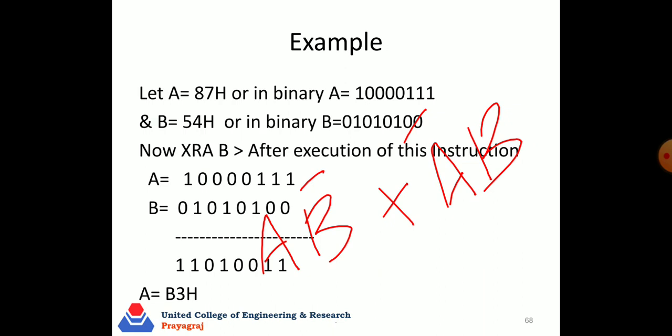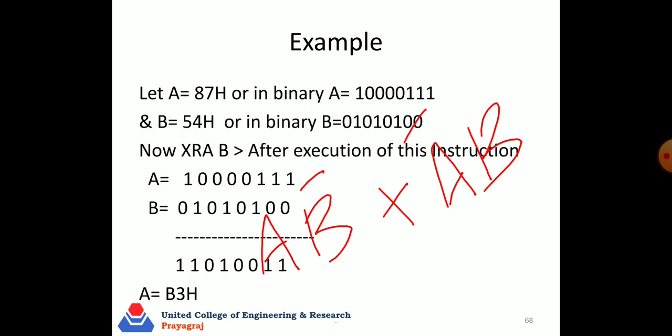What is the meaning of this? We can say in simple words, if both the inputs are high or both the inputs are low, then the output will always be 0 or low.